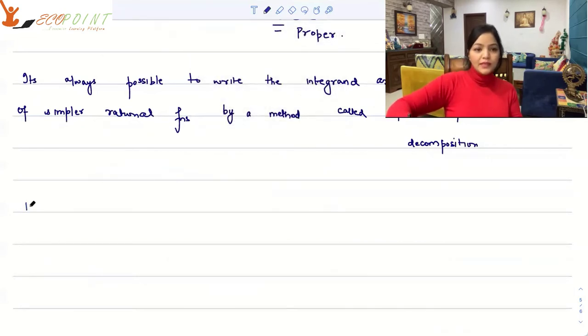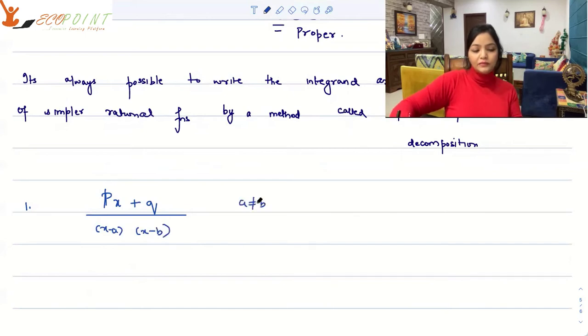Case number 1: if you have (px + q) upon (x minus a) into (x minus b), where a is not equal to b, this could be written as A upon (x minus a) plus B upon (x minus b).